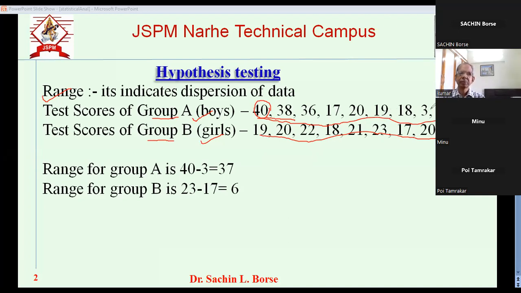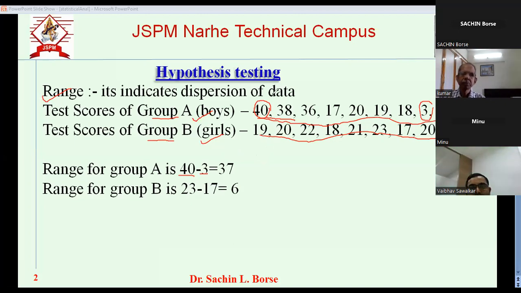You have to see all the numbers carefully. So in the boys group, maximum marks is 40 and minimum marks is 3. In a similar way, we need to identify the minimum and maximum marks in the girls group also.